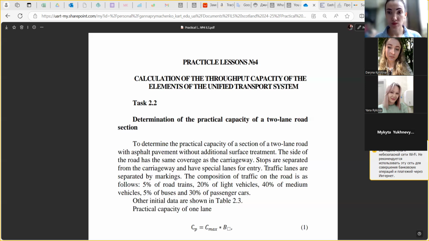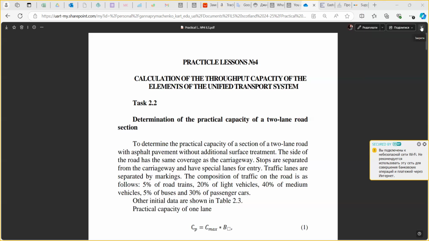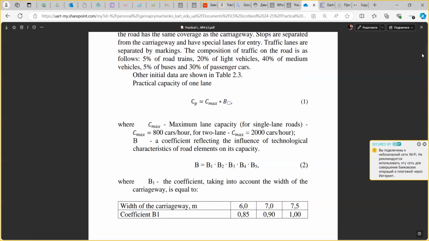And now we try to solve our test and find out how many cars we can put through the two-lane road section. For our test 2.2, we have only two formulas, but we find different types of coefficients.